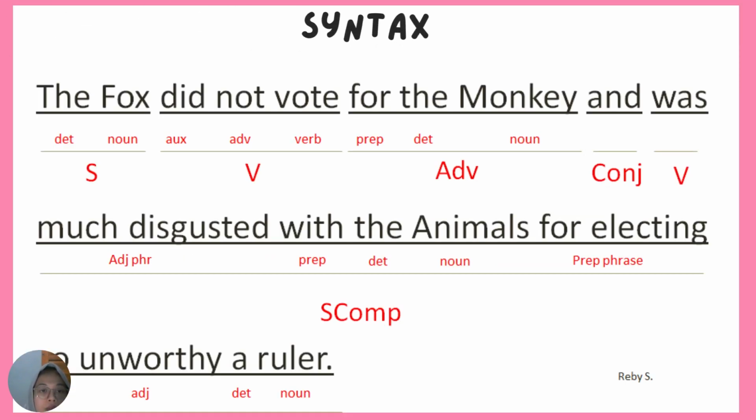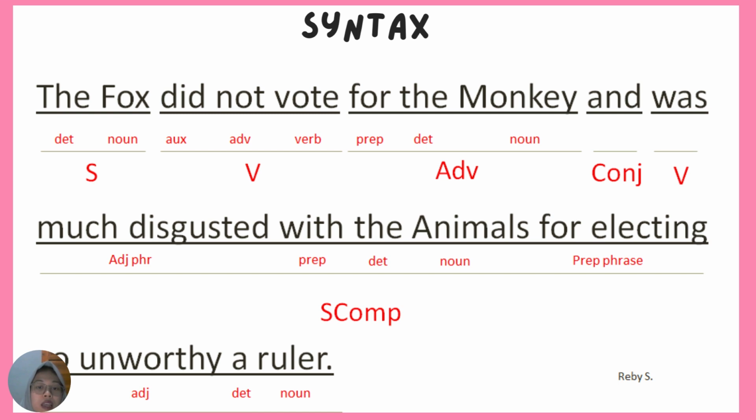Next, the fox is subject, consists of determinant and noun. Did not vote, verb, because after subject should be verb.